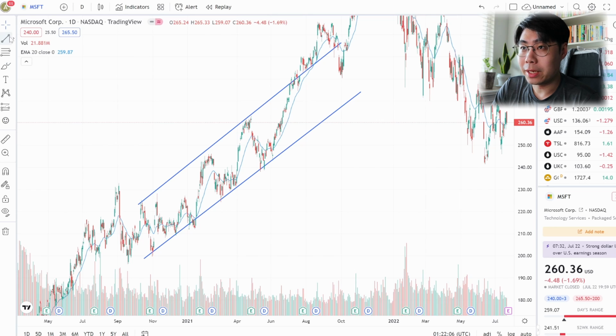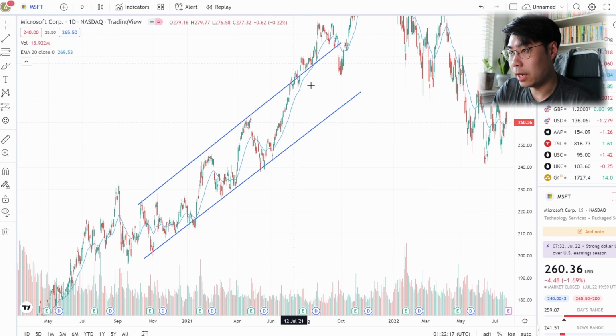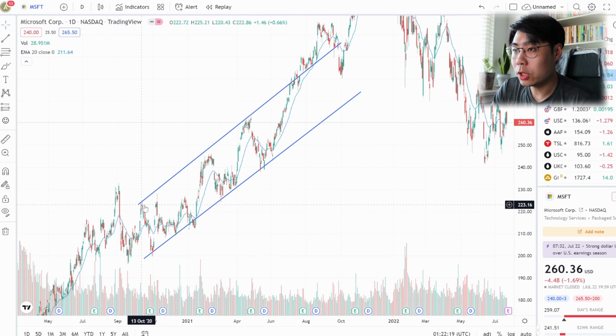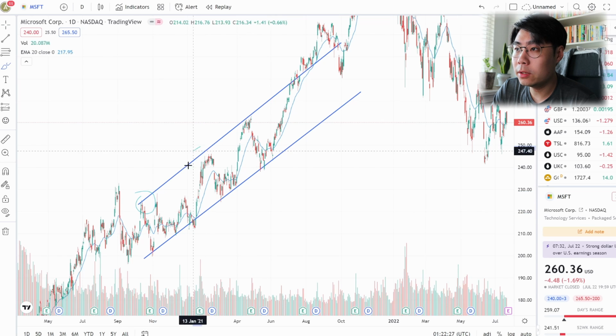In TradingView, you can easily draw a trend by choosing the trend line function and drawing something out like this, right? However, I already drew one, and usually how you draw a trend line is that you find the peaks. So the peaks in this case are over here, over here, over here, over here, etc. And the lows as well.